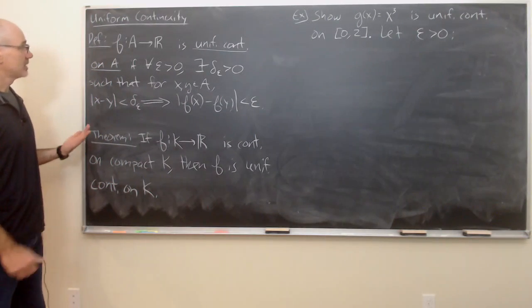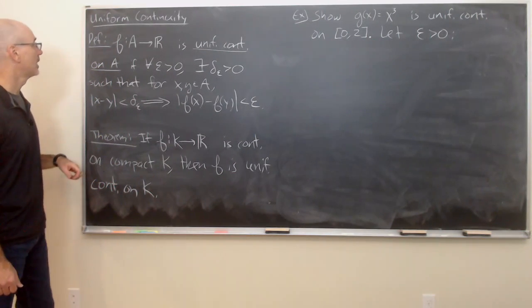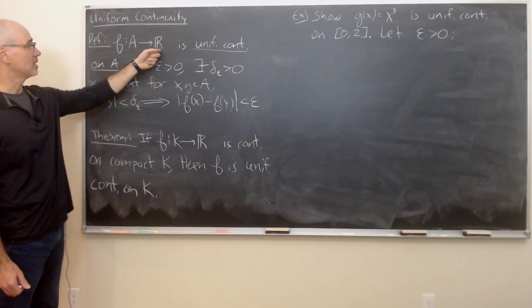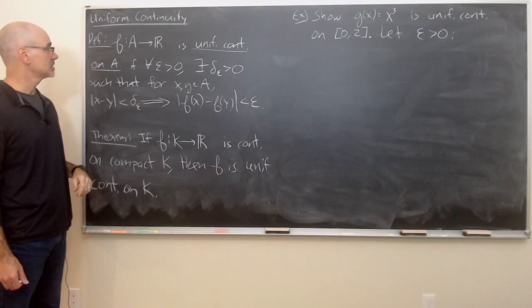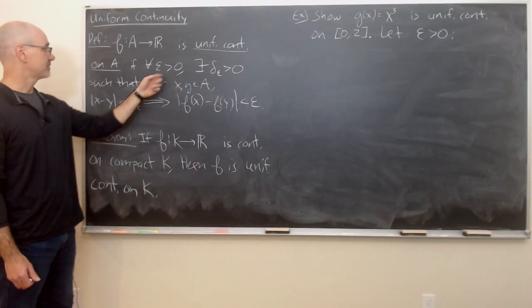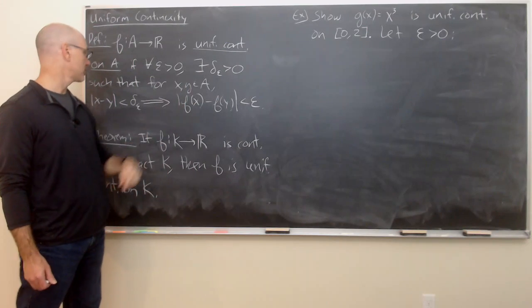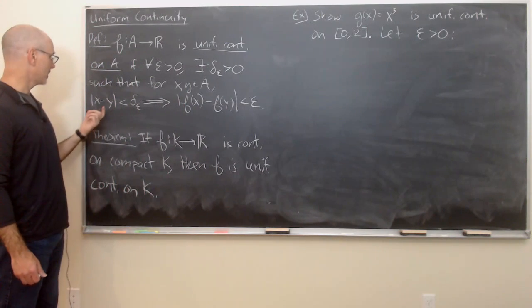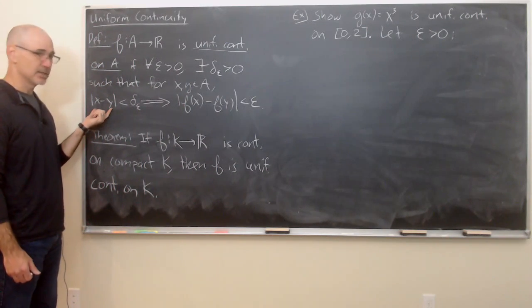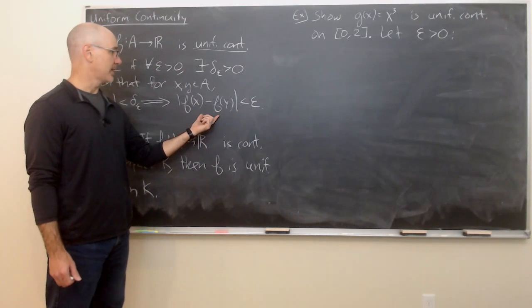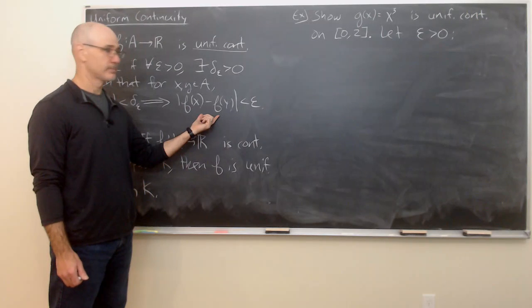Here's the formal definition for that idea. F with domain A mapping to R is uniformly continuous on A if for every epsilon bigger than 0, there's some delta bigger than 0, such that whenever x and y are within delta of each other, f of x and f of y are within epsilon of each other.